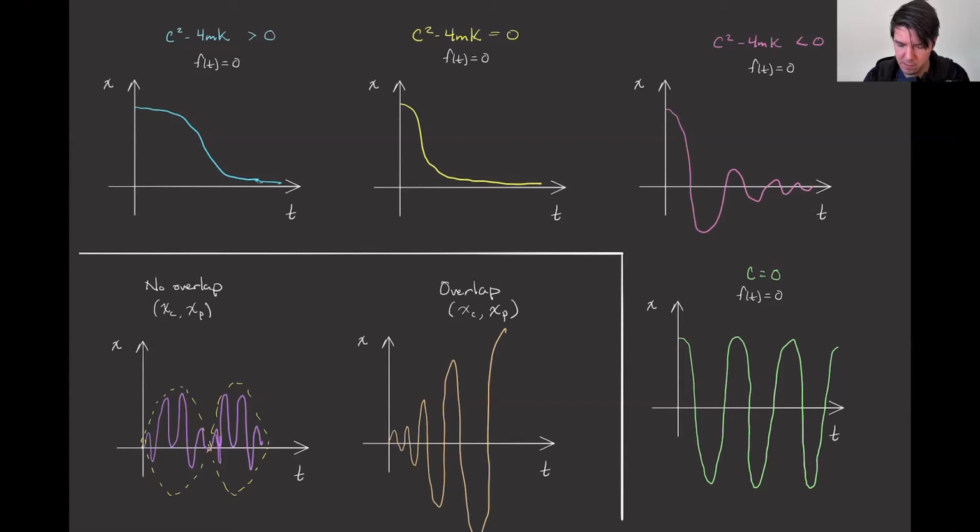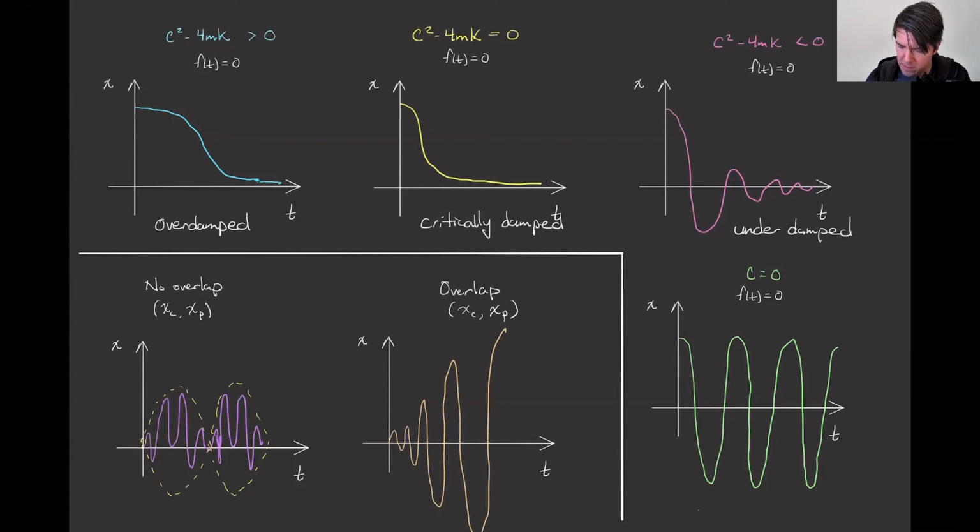So this is resonance. To give a name for each of these: we have overdamped in this very first case up top, critically damped, and underdamped, but still damped.